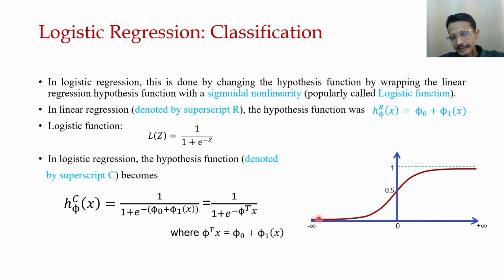Graphically it looks like this. If z is greater than 0, the output slowly converges to 1, and if it is less than 0, it goes to 0. We put this over the linear regression function to get the hypothesis function of logistic regression.